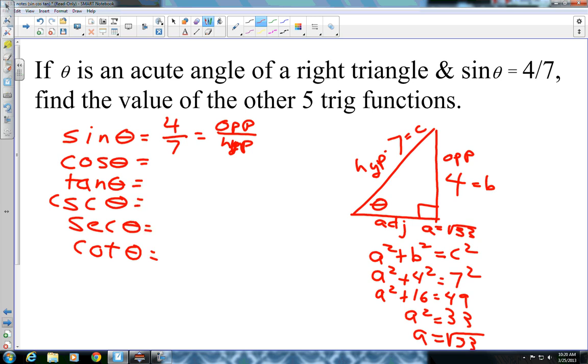Cosine is adjacent over hypotenuse. So my side adjacent is root 33, over 7. The hypotenuse is 7. So this is root 33 over 7. Tangent of theta is opposite over adjacent. So that's going to be 4 over root 33.